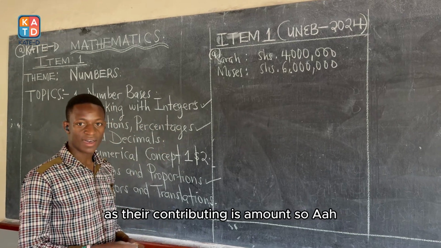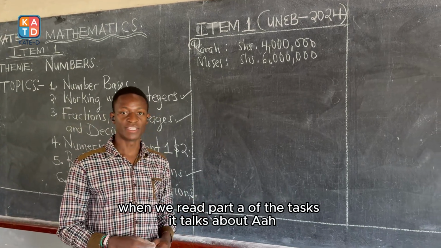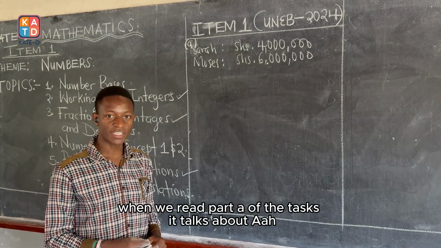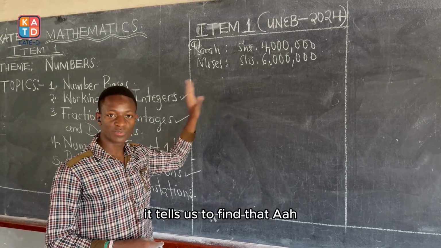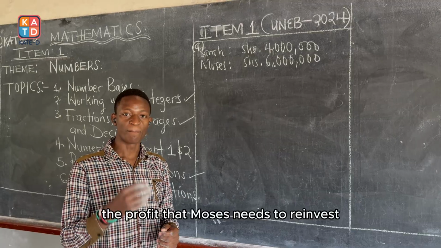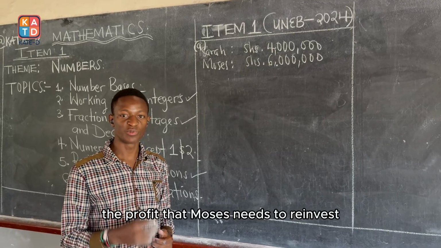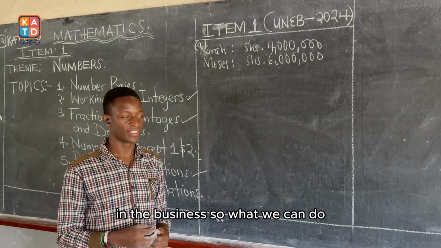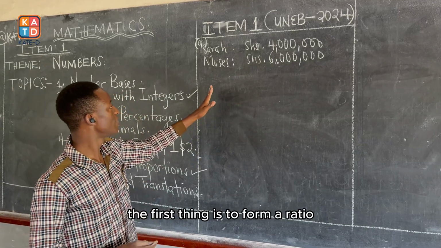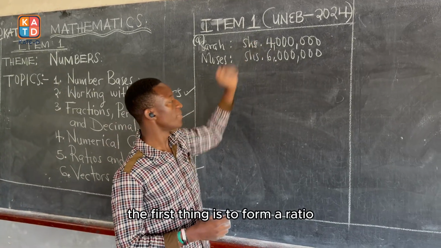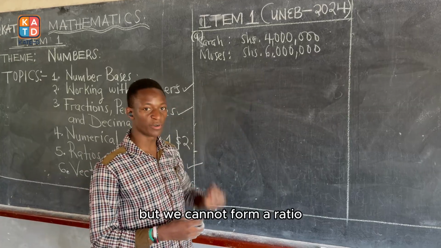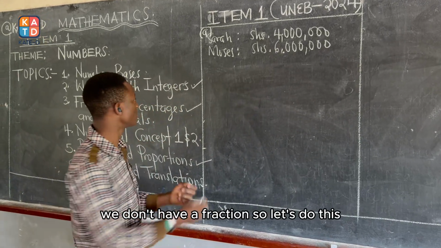So, when we read part A of the tasks, it tells us to find the profit that Moses needs to reinvest in the business. So the first thing we can do is form a ratio. But you cannot form a ratio when you don't have a fraction. So let's do this.